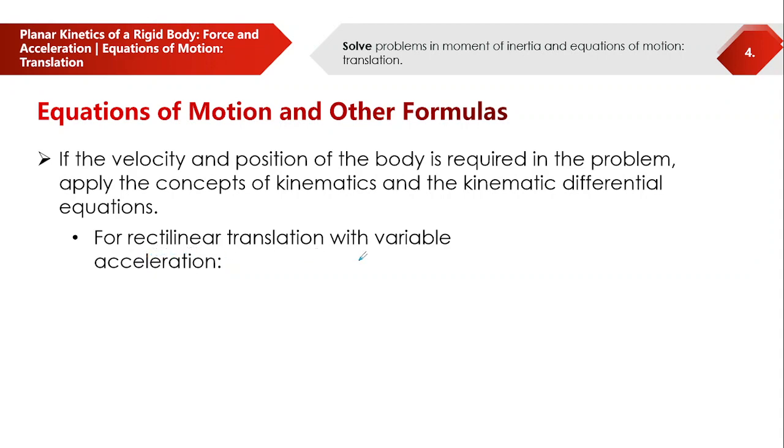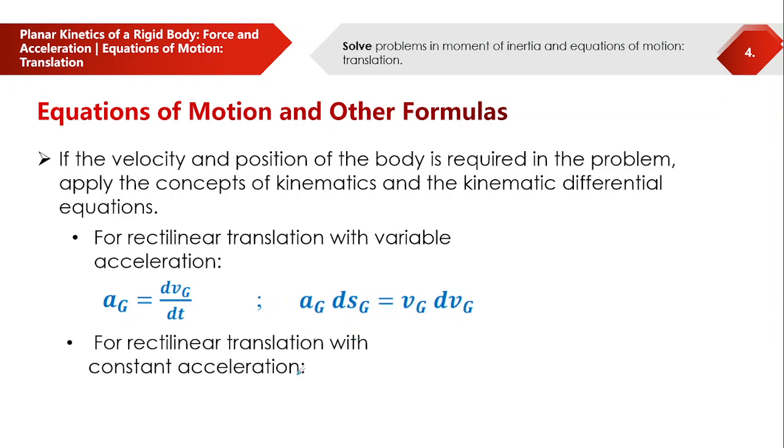So for linear translation with variable acceleration, this is what you will do. If the problem gives an equation instead of a value, you can use these differential equations. Here: a sub g ds sub g is equal to v sub g dv sub g.